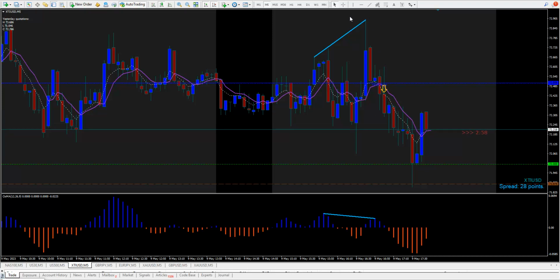We always put our stops 5 pips above the most recent swing high in a sell trade, or the most recent swing low in a buy trade.